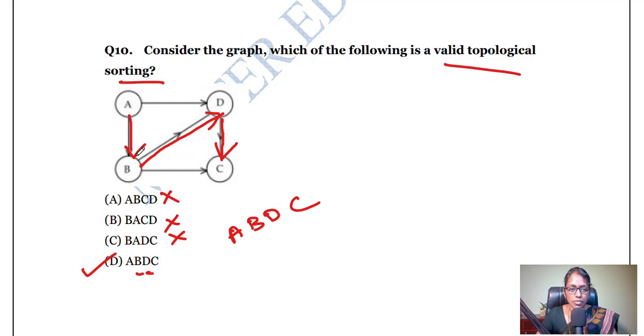In this way I can traverse this graph, right? In a directed graph, only if the direction is present can I traverse. For example, from A to D I can go. D to A I can't go because there is no direction, right? So A, B, D, C is the valid topological sorting.